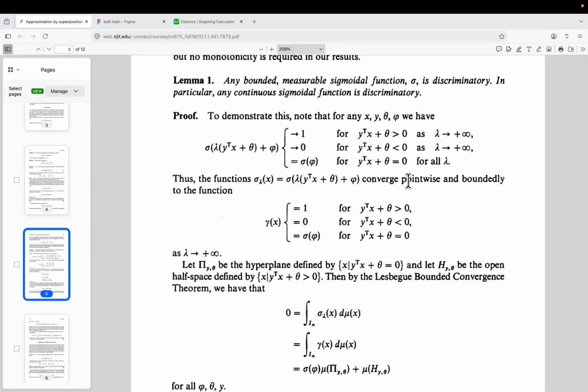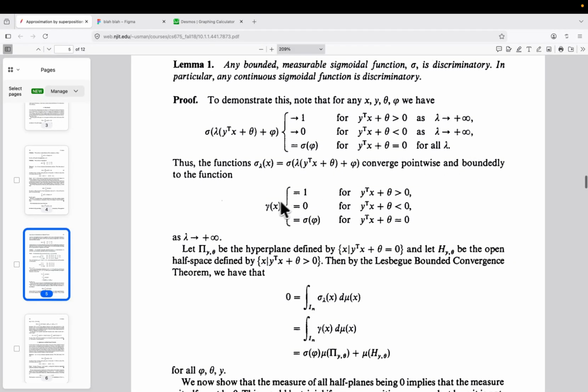It converges pointwise, so every point of it is the same as the point of this one, and boundedly, so the bounds are exactly the same. Why is it the same? It's 1 if this thing is more. It's 0 if this thing is less. This property is not changing, so whatever.